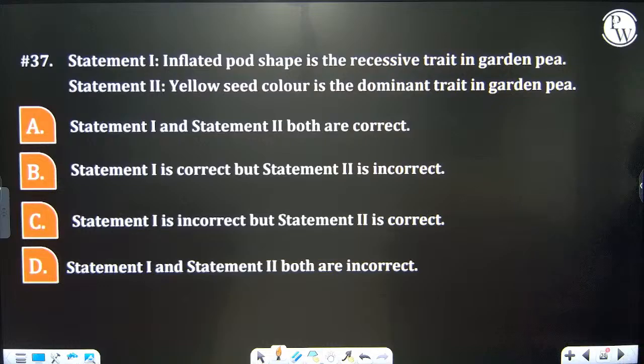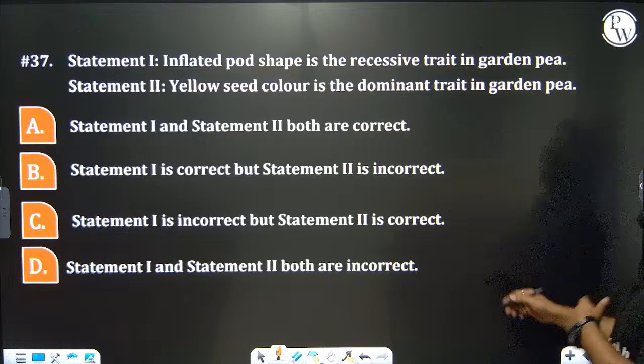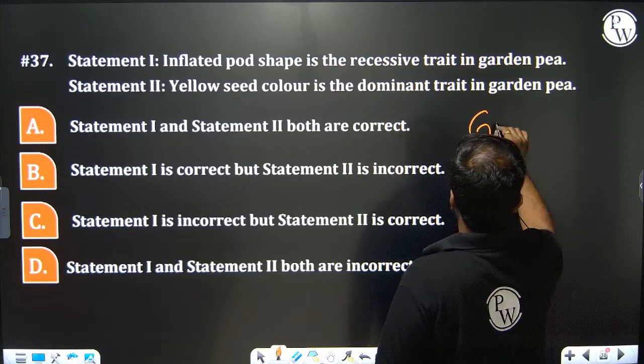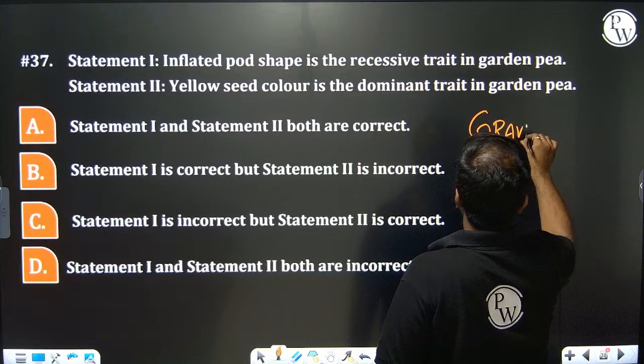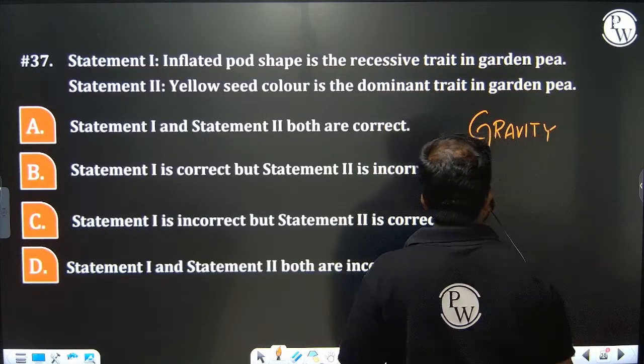Inflated pod shape is a recessive trait in the garden pea. Why? No. Remember the characters. This is how we can remember the dominant characters of the pea plant.